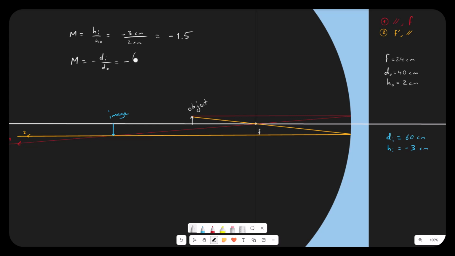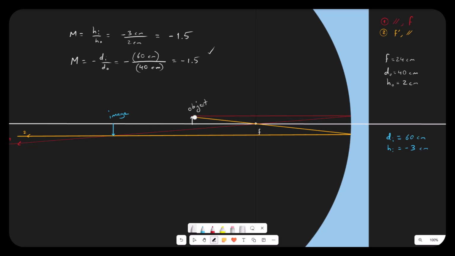So negative of 60 centimeters over 40 centimeters is negative 1.5, and that does check out. So this is the image formation by a concave mirror for an object outside the focal length.